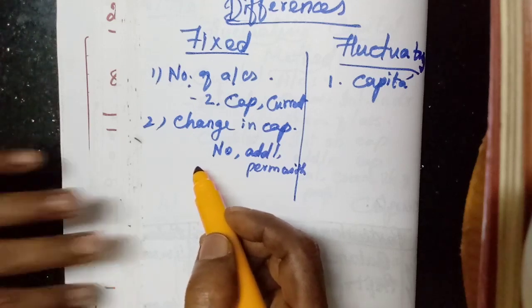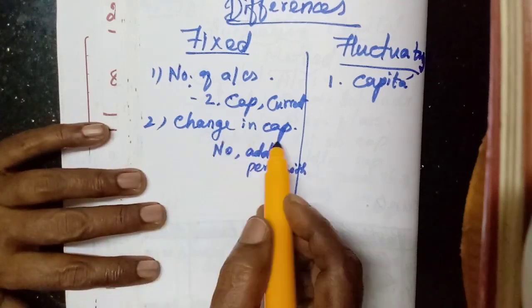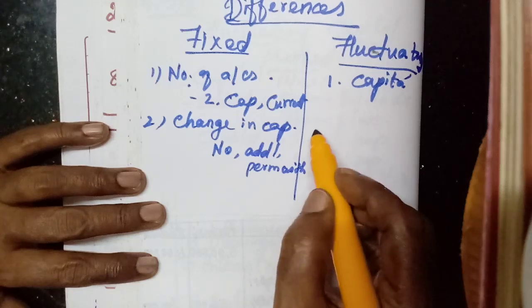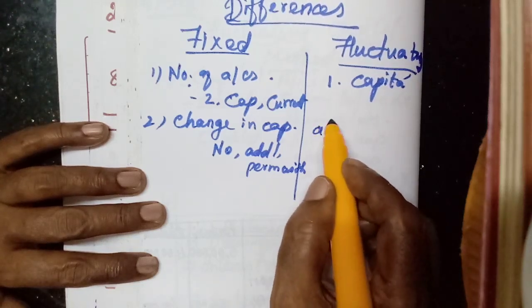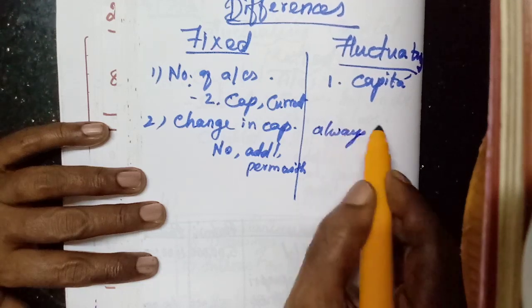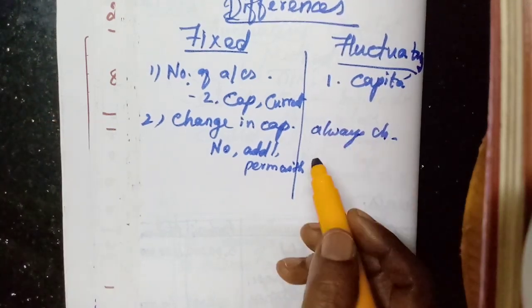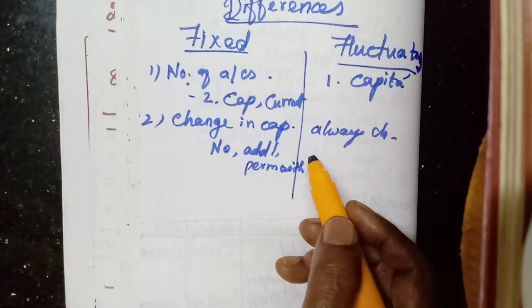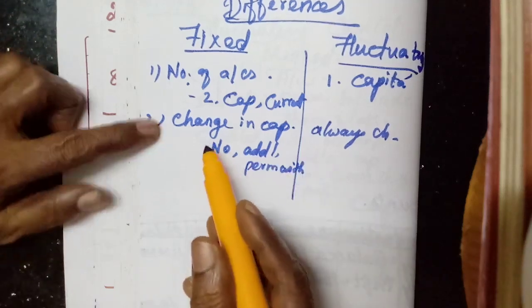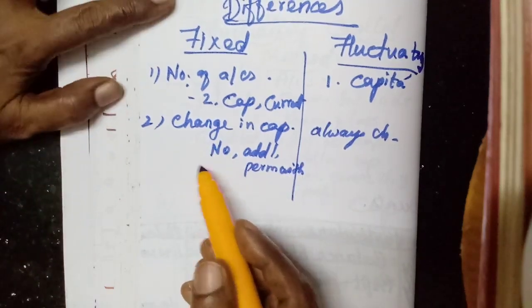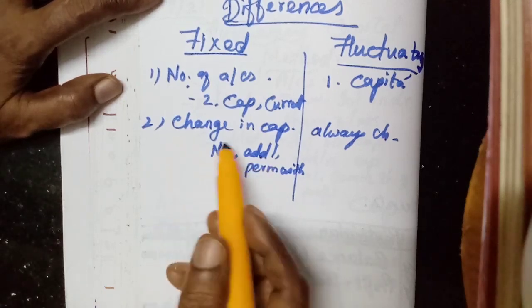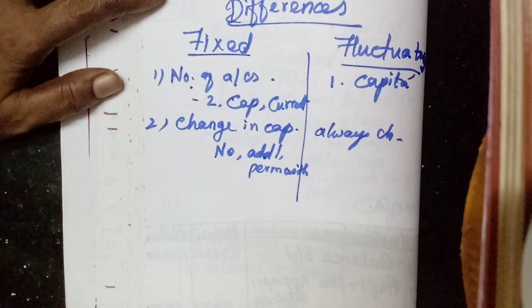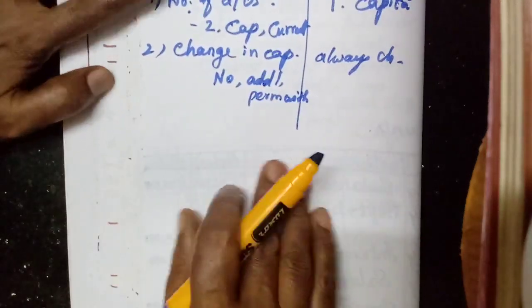Otherwise, normally the capital will not change. But here the capital will fluctuate. It always changes. This year capital balance and next year capital balance will be changing. But here in the fixed capital method, if there is no additional capital and no permanent withdrawal, the capital will be same. Okay, throughout the years, many years it will be same.